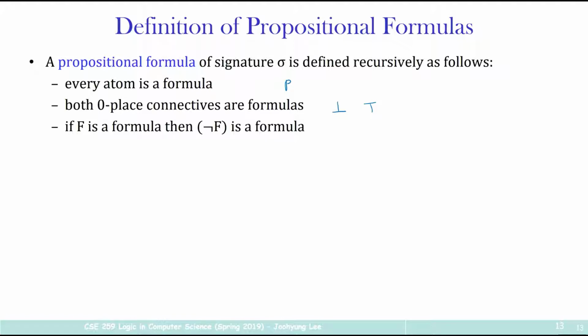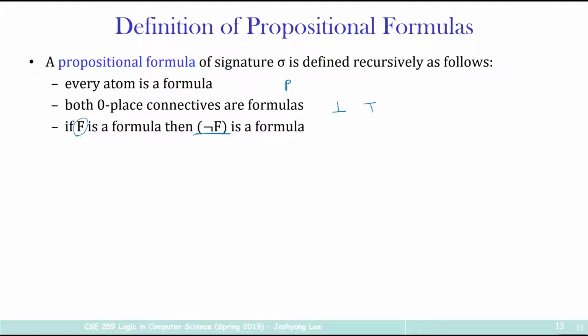And then the next is the recursive case, or inductive case. What that means is, in order to define a formula, this definition will call the same kind of definition again. That looks somewhat strange, but that's how the recursive calls are made. So what is the thing here? If f is a formula, then we can construct another formula that is the negation of f.